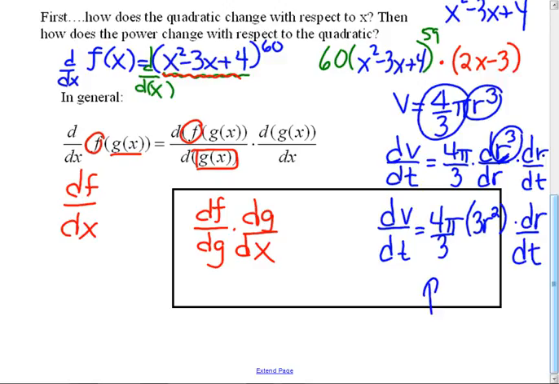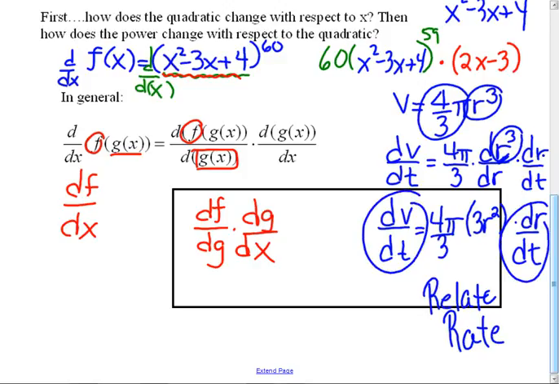This is called a related rate. Because remember, what's a derivative? A derivative is a rate. It is. What is it over? It's over 1. Okay? But it's no big deal. And you can cancel that out. So that's just an introduction.